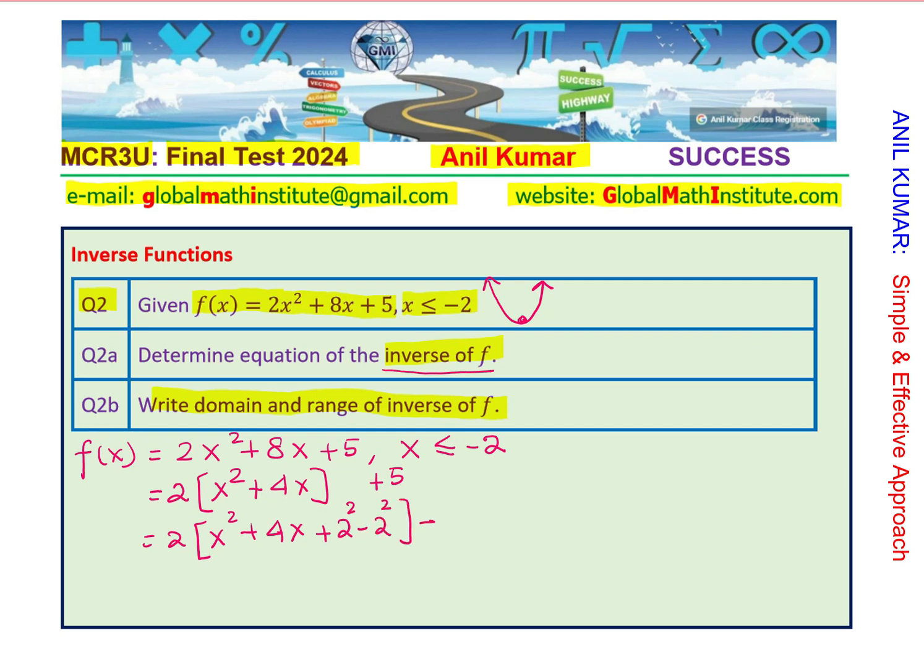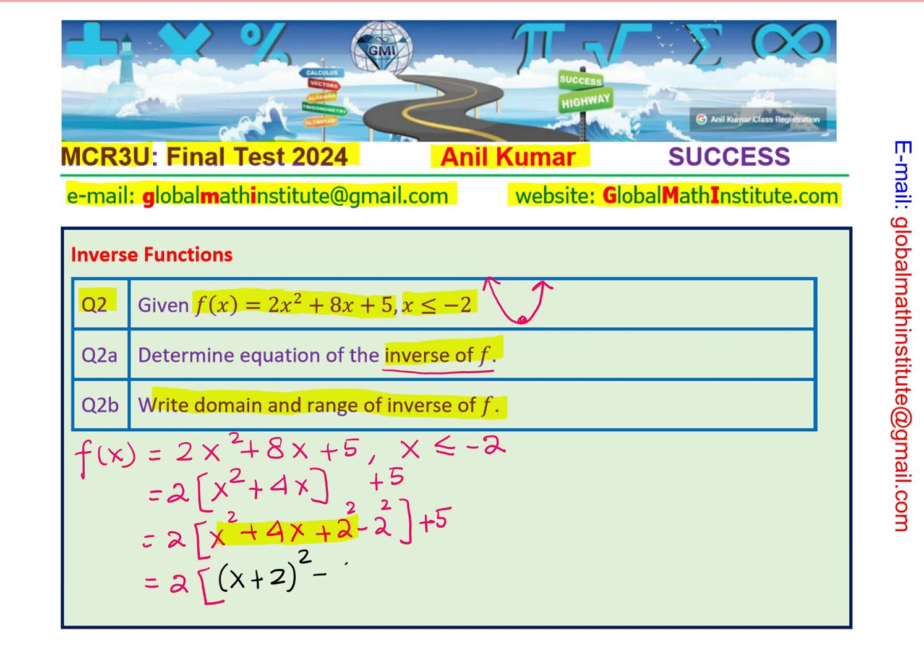Adding and subtracting the same term does not make a difference. However, the three terms here make a perfect square, which we can now write as (x + 2)². Get the idea? And we have minus 2 squared, which means minus 4, plus 5.